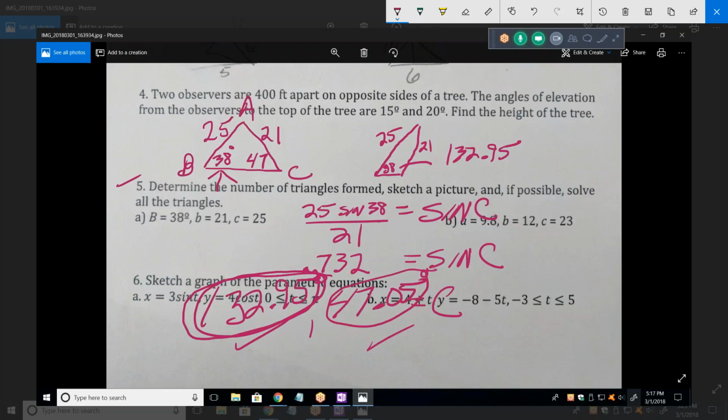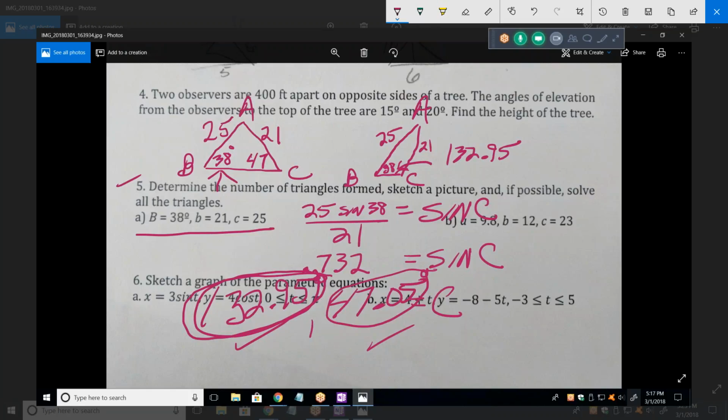And what I'm pointing to there is not the 38. I'm pointing to this angle right there, in other words, angle C. There are the two triangles that fit everything you gave me. Those three variables apply to both of those triangles.